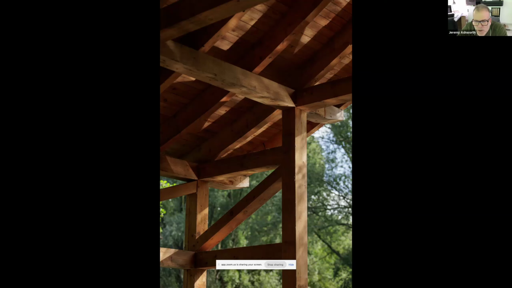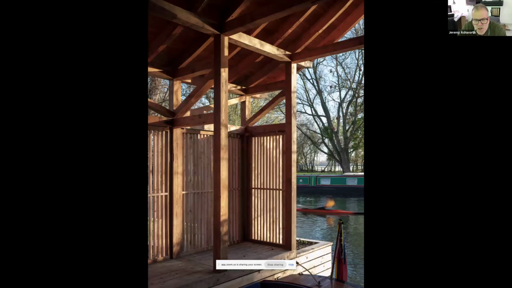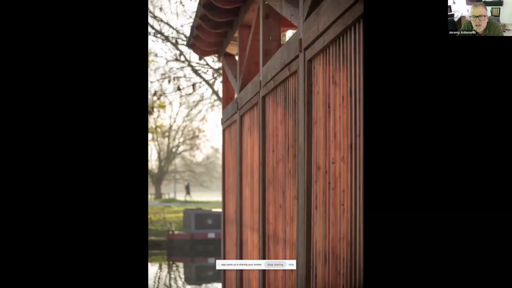But I think we've all learnt a huge amount from doing it. And the next stage is not to rest on our laurels, but to see if we can push this technology a little further and see what else we can do with wood. How far can we push it using traditional techniques and a minimum of materials and make it recyclable?